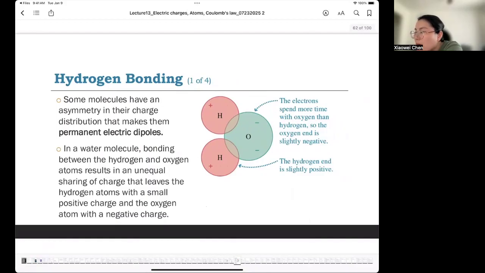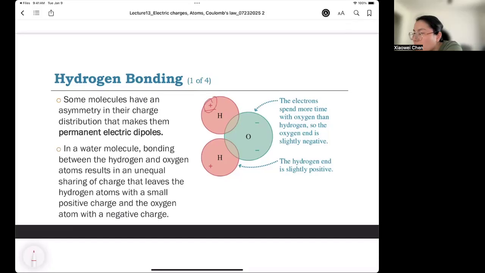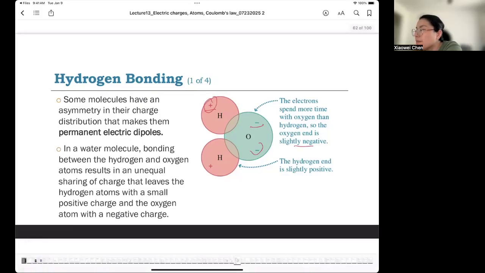In a water molecule, bonding between the hydrogen and oxygen atoms results in an unequal sharing of charge that leaves the hydrogen atoms with a small positive charge and the oxygen atom with a negative charge. The electrons spend more time with oxygen than hydrogen, so the oxygen end is slightly negative and the hydrogen end is slightly positive.